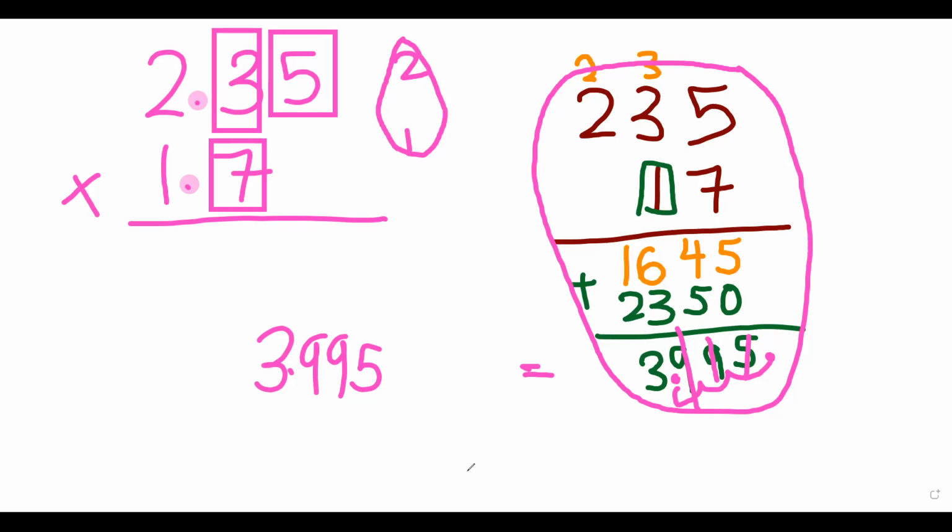Let's take another example now. 3.2 times 2.9. Okay? Here now. First of all, you will take the numbers as a whole.